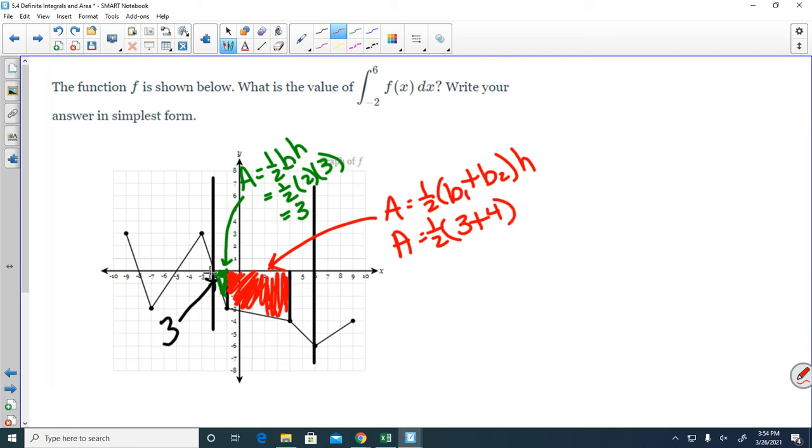And the height's always perpendicular to the bases. So from -1 to 4 would be 5. So the area of that trapezoid is 1/2 times 7 times 5. Looks like 35 over 2, and 35 divided by 2, 17.5.